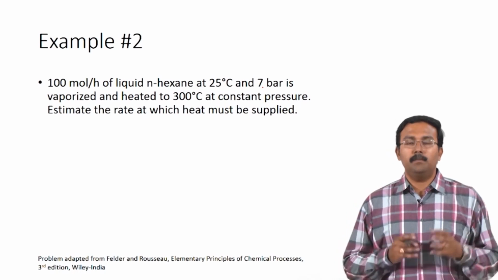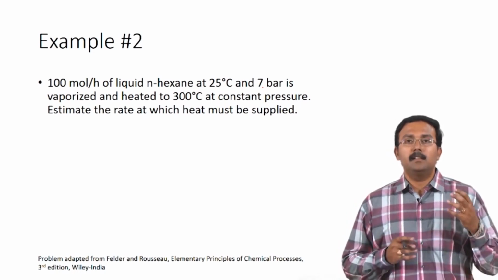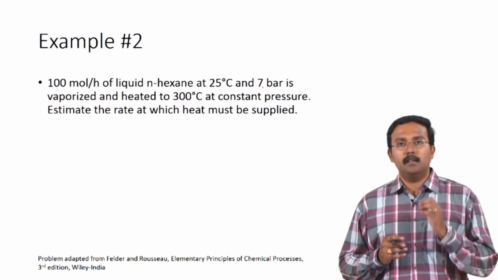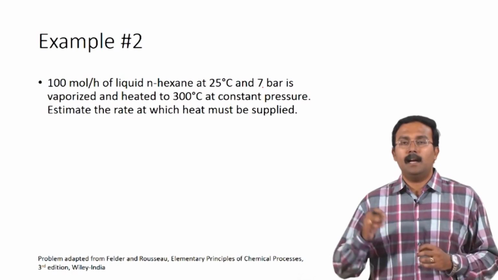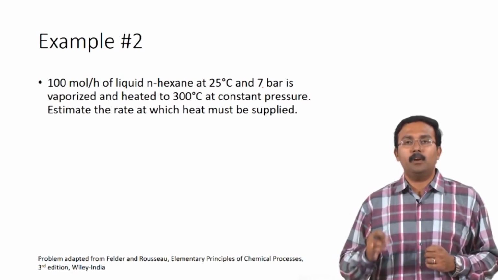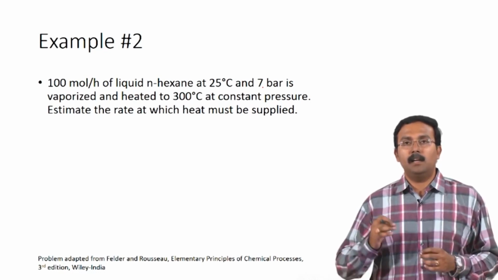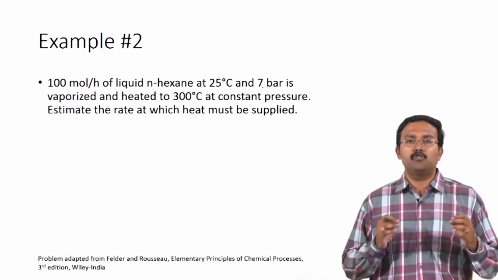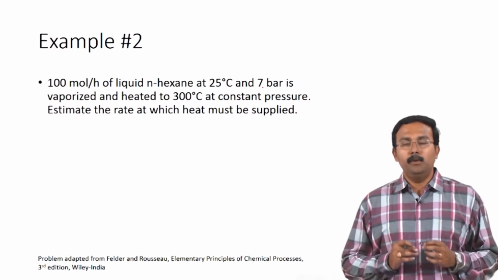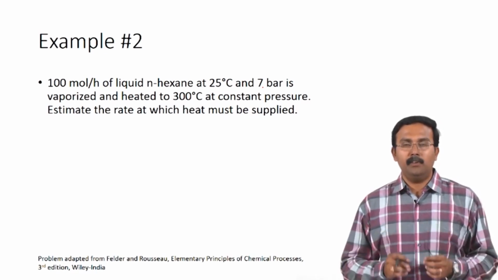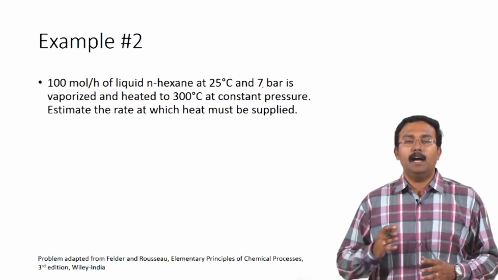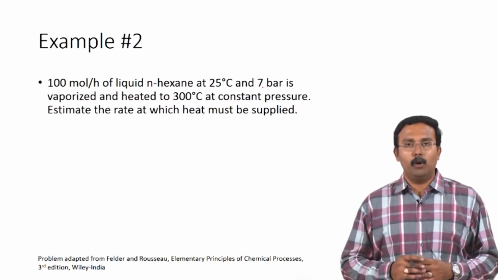If you were to look up the vapor pressure charts, the associated boiling point for N-hexane at 7 bar would be 146 degrees Celsius. However, the heat of vaporization at 146 degrees Celsius is not available for N-hexane. We do have the value for the heat of vaporization of N-hexane at 1 bar and its normal boiling point.